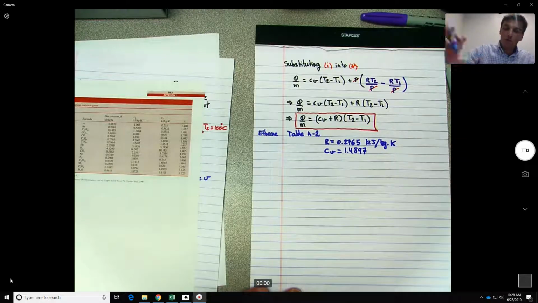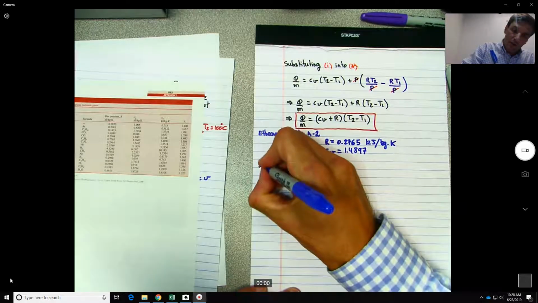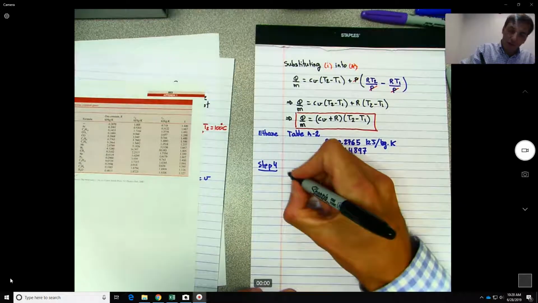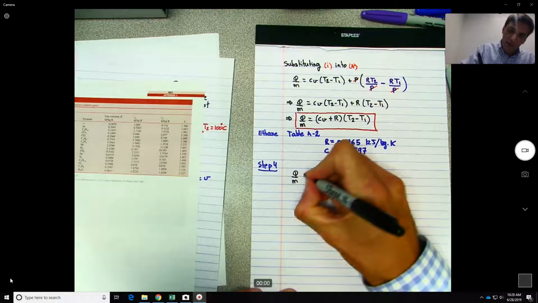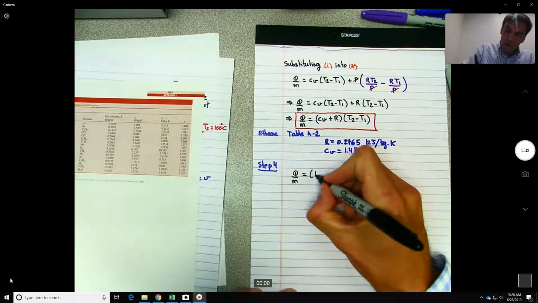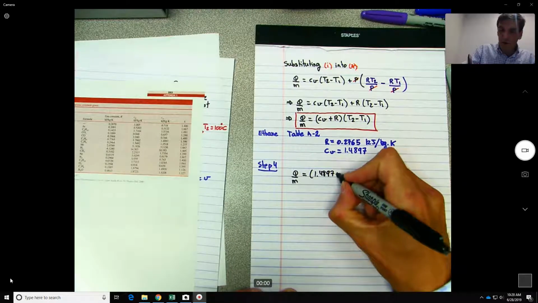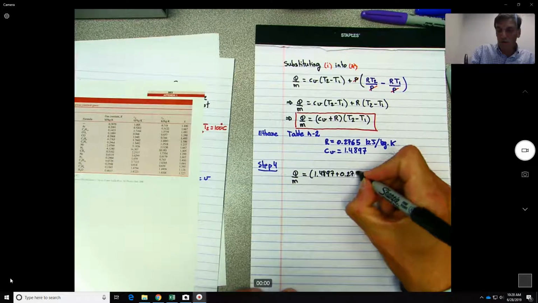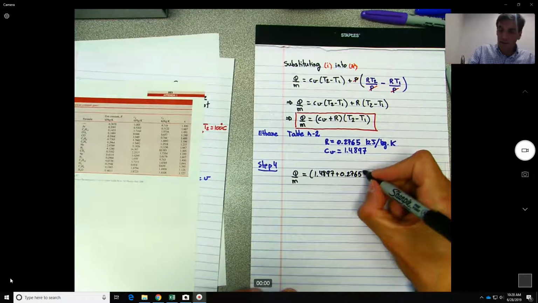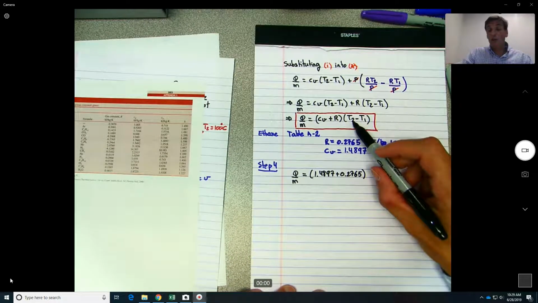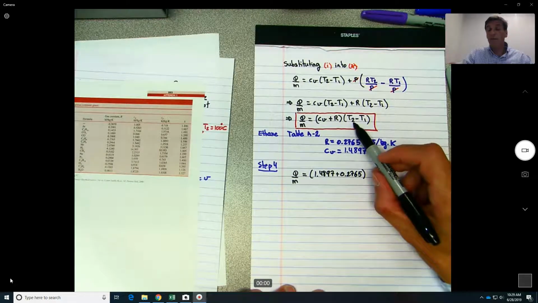Okay, so now we can go to step 4. And basically in step 4, we're going to have Q over m equal to (1.4897 plus 0.2765). Now if you want, you can transform the temperatures into Kelvin. But if you put the temperature into Kelvin or Celsius, you will agree that the difference will be the same.